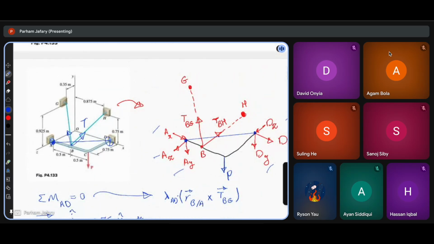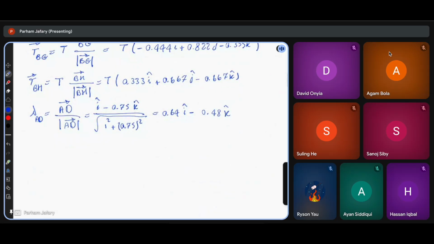So TBG represents the force inside the cable, okay? So there is a force there. But AD is just a vector that I created. It's just a line, and there is no force in AD, right? So there is no need to multiply lambda with a force, right? Does it make sense? Okay.